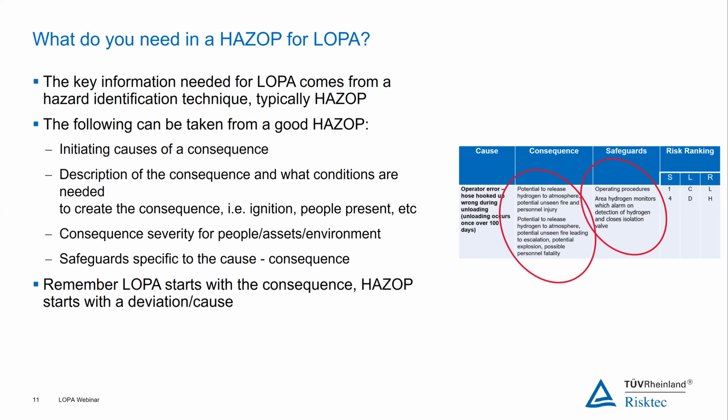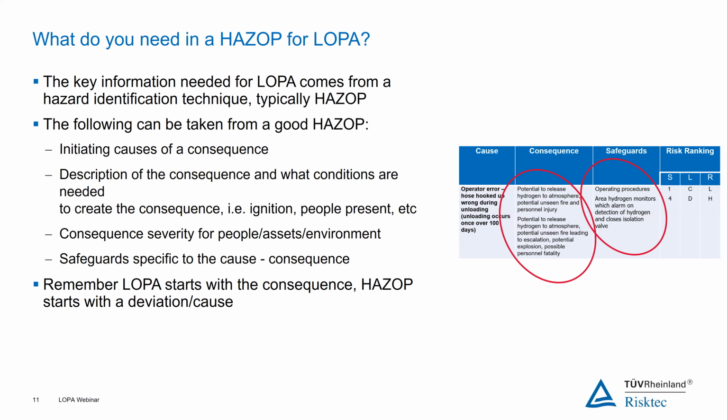So we've talked a lot already about the HAZOP feeding into the LOPA. Now I say a HAZOP, it's usually a HAZOP in most cases. It could be a different form, like a what-if assessment or some other hazard identification assessment, but it's typically a HAZOP.